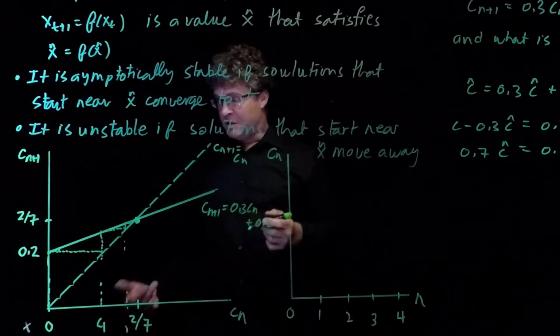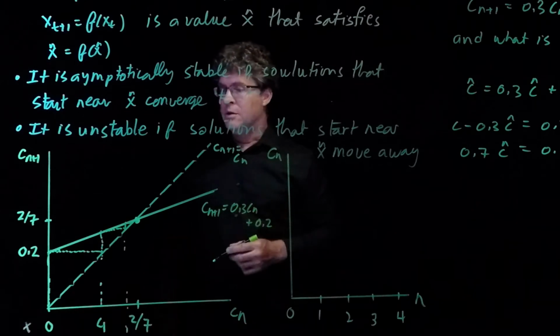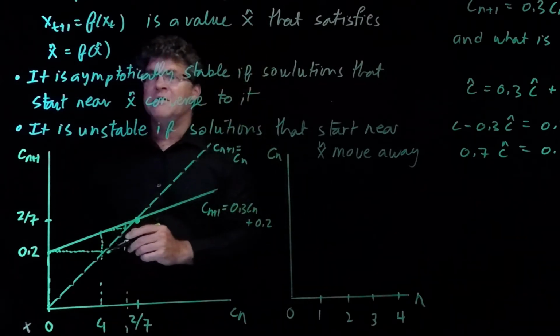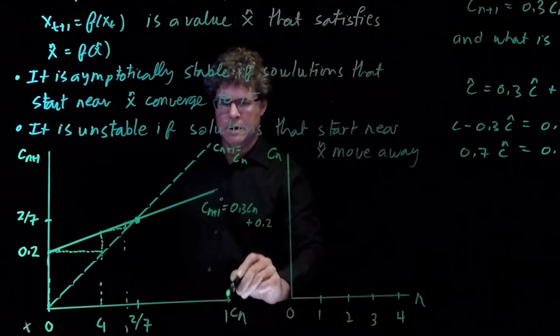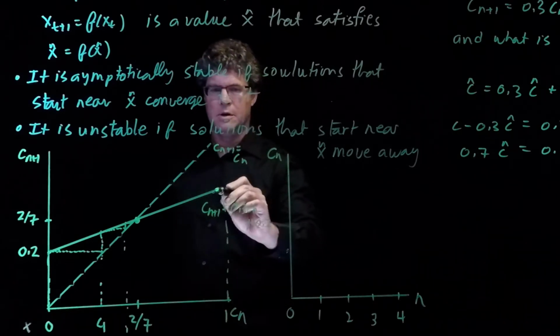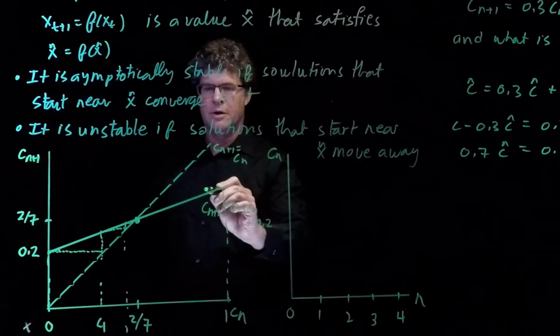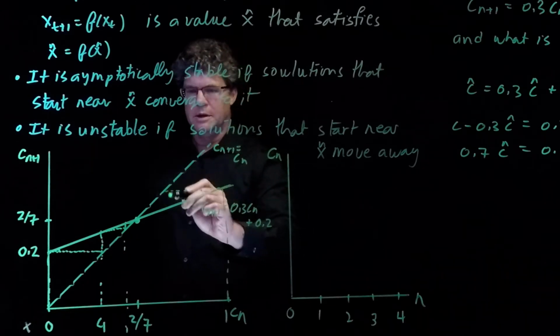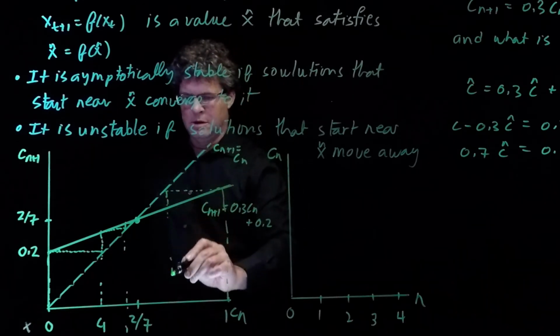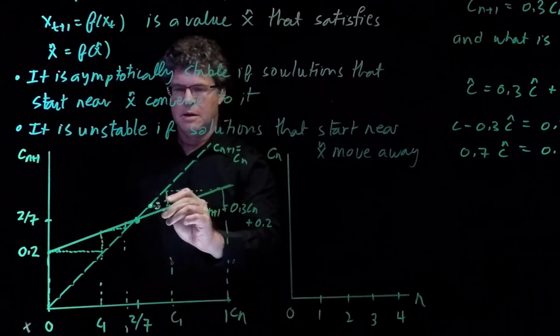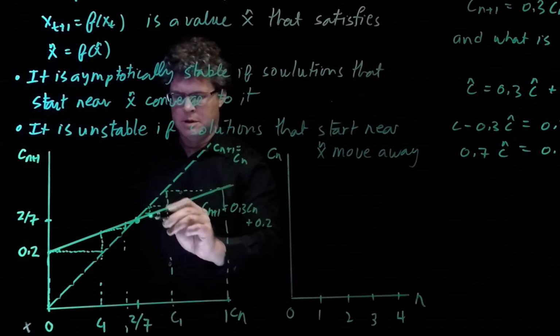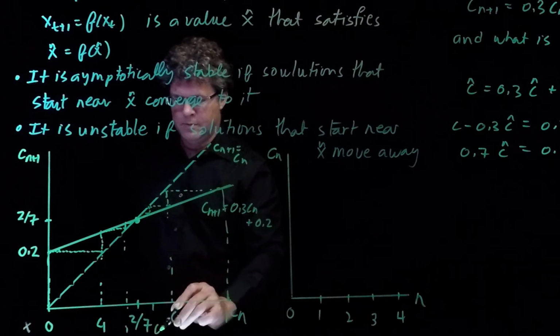And if we start with 0, we can go in this direction. If we start with 1, we can start over here and move up to the function, and then over to the 45 degree line. And then this is going to be our C1, and then our C2, and so on.